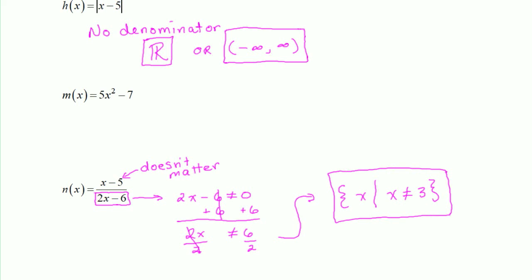Coming back up to my m of x, we decided this one does not have any restrictions for the same reason as the one above it. It has no denominator again, and therefore it has no danger of division by 0, and its domain is all real numbers, or again, the interval from negative infinity to infinity.